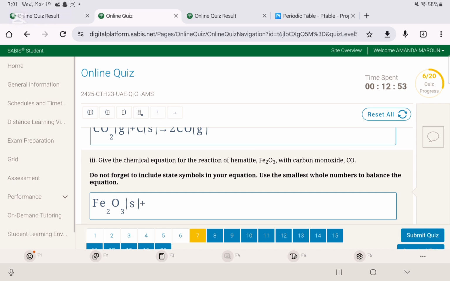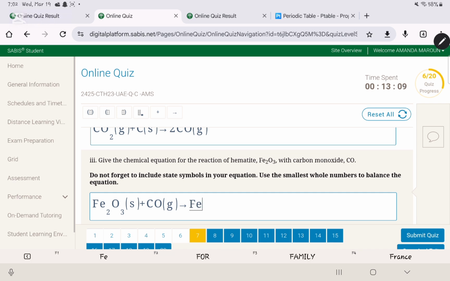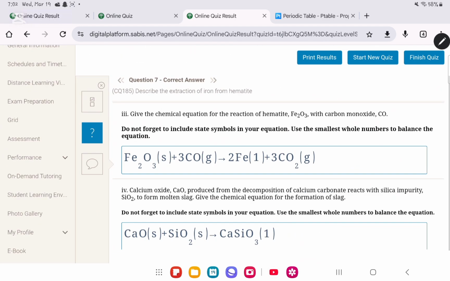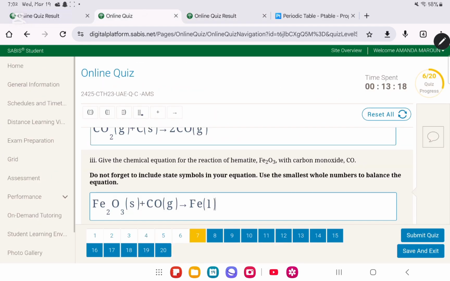It is gonna react with the carbon monoxide gas to produce, keep in mind, all of this is to extract liquid iron, so it will produce liquid iron. Here, I believe there is a mistake, if I'm not mistaken. Here, they put 1 instead of liquid, so it's gonna show up as wrong, but put L, not 1. Okay, put L in the exam.